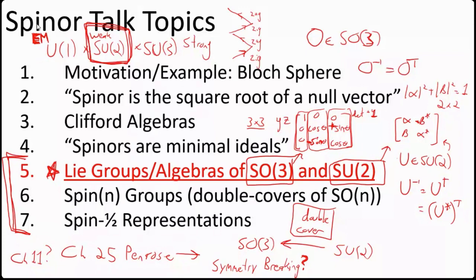But we have those fixed already, and that's what symmetry breaking is for me. It seems that the fixation of the bosons after like 10 to the minus something seconds after the Big Bang is the catastrophic, disastrous thing Penrose is talking about.